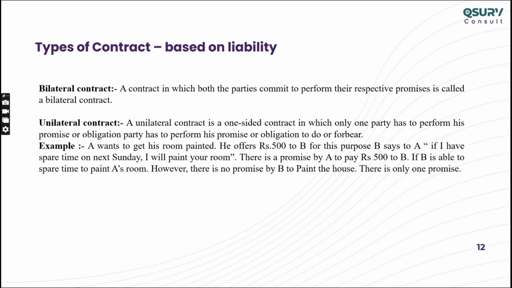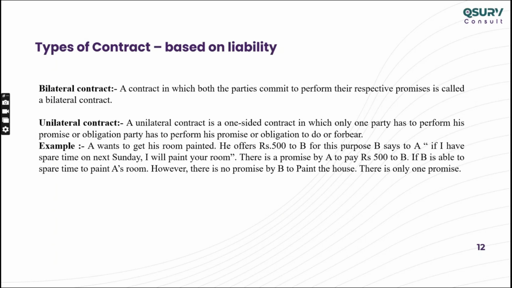That means he commits to construct the building and you as a client agree to pay him. Both the parties agree to perform their respective promises. I'm okay to pay you and you're okay to construct. That's called bilateral promises.